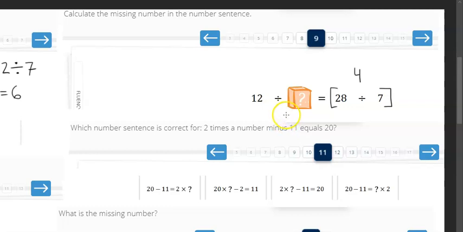Well, how about we work out what 12 divided by 4 is? Well, 12 divided by 4 gives me 3, yeah? Meaning 12 divided by 3 has to give me 4.